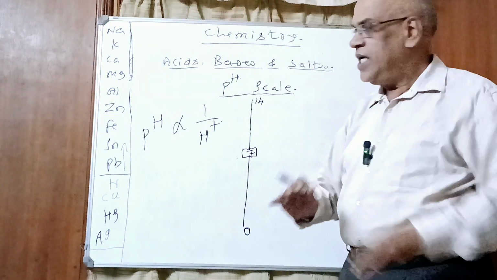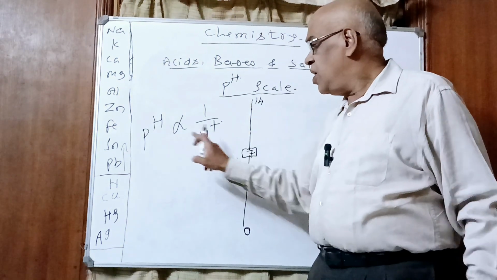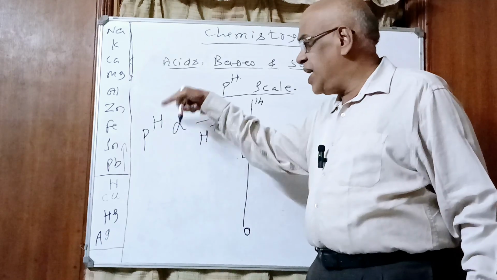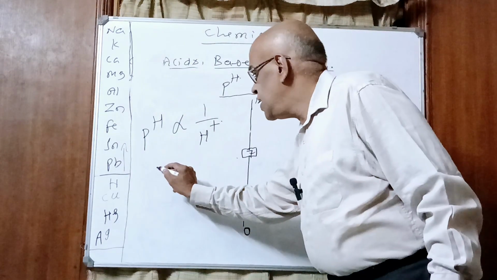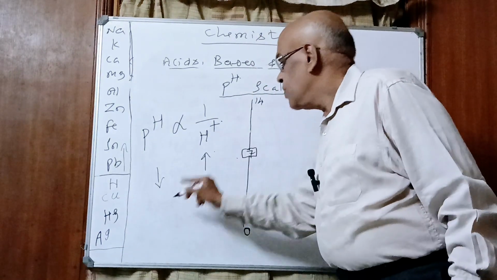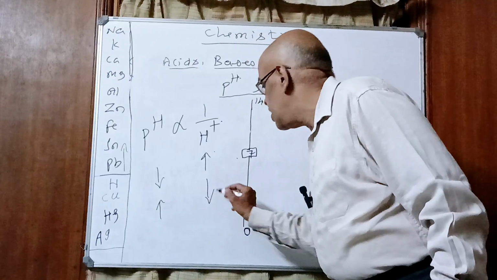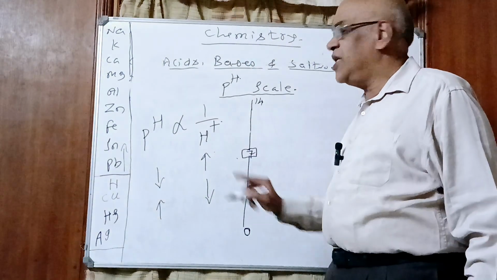Inversely means, if pH is more, concentration of hydrogen ion will be less. If pH is less, concentration of hydrogen ion will be more. One is high, the other one is less.